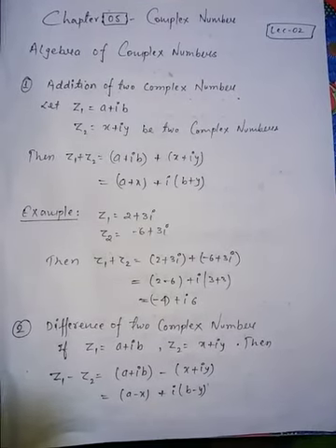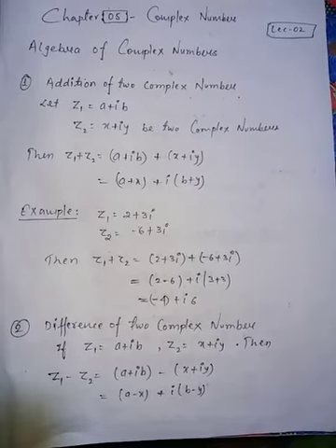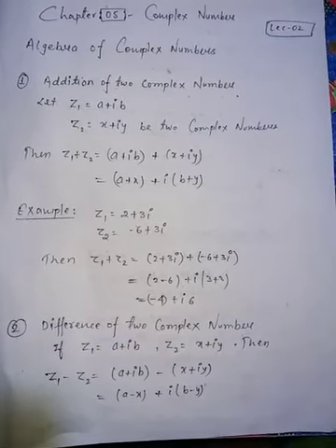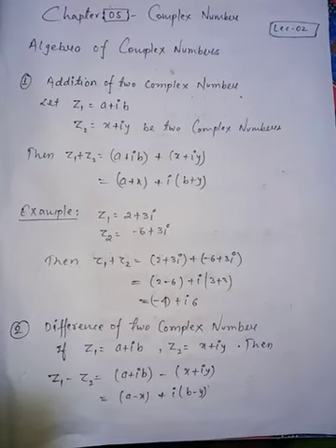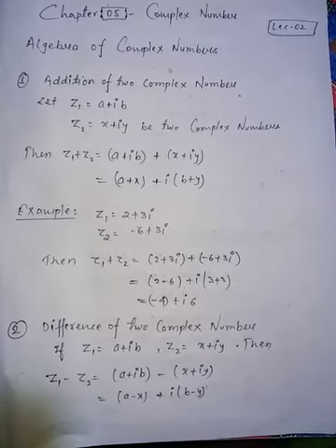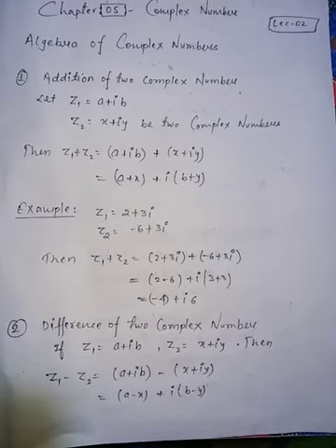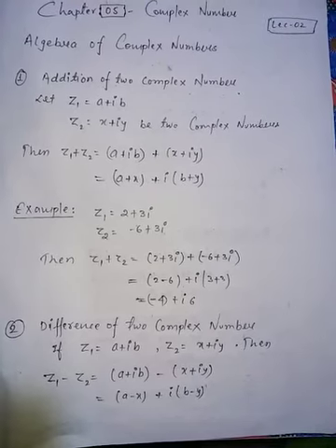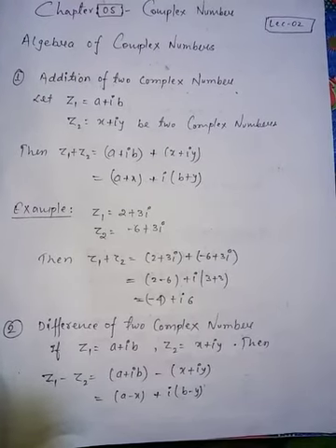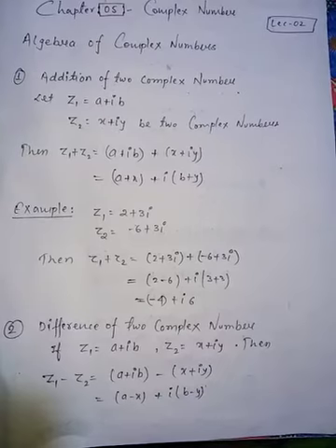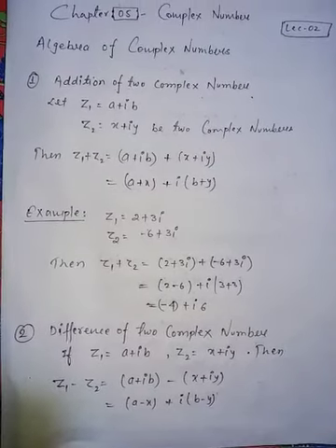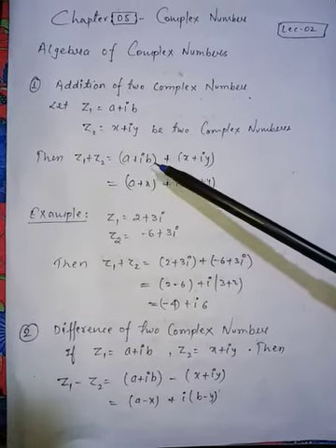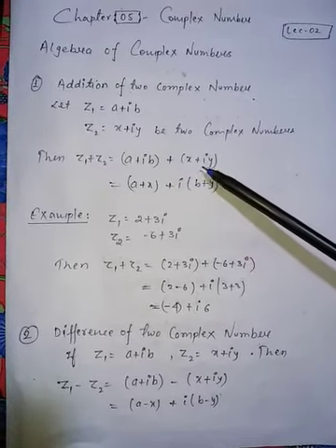First, addition of two complex numbers. Let z1 equal to a plus ib, z2 equal to x plus iy be any two complex numbers. Then z1 plus z2 is equal to a plus ib plus x plus iy.